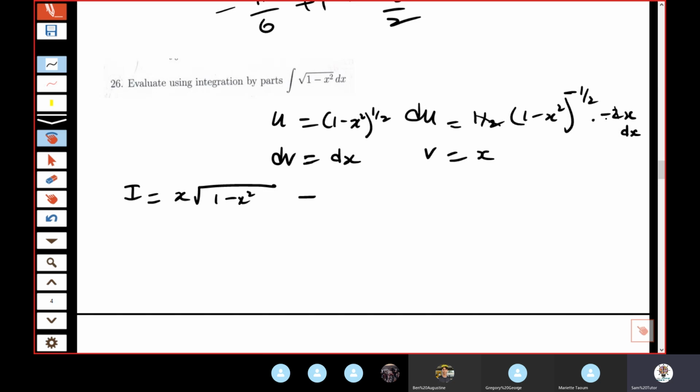Negative times negative is plus, integral x times x becomes x squared, and then you know that's a negative half, so all over root 1 minus x squared dx.